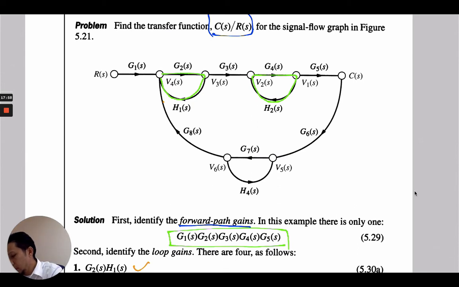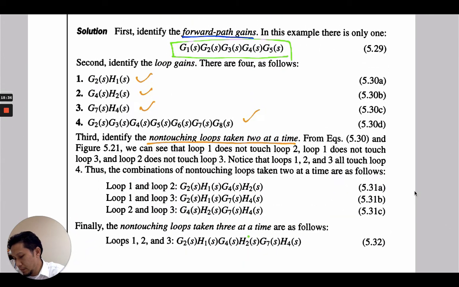Then we have G2 H1, G7 H4. And then another one, G4 H2, G7 H4. How many pairs do we have? 1, 2, 3 pairs.